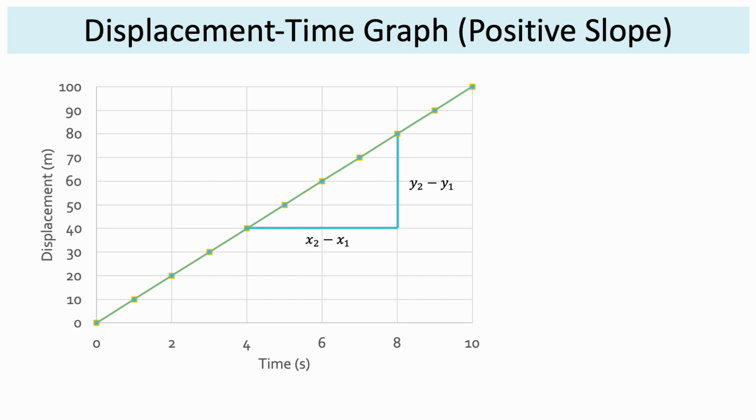A positive slope means the object is moving in the positive direction. The slope is calculated as y2 minus y1 divided by x2 minus x1. You can pause the video and substitute the values of y2, y1, x2 and x1 to find the slope.